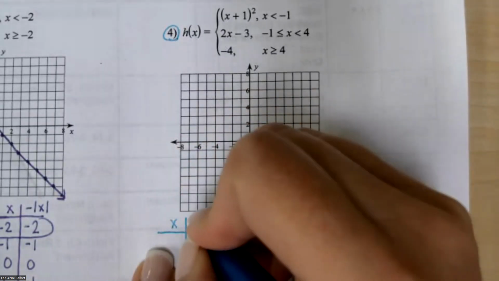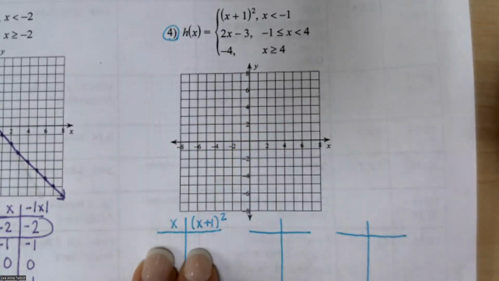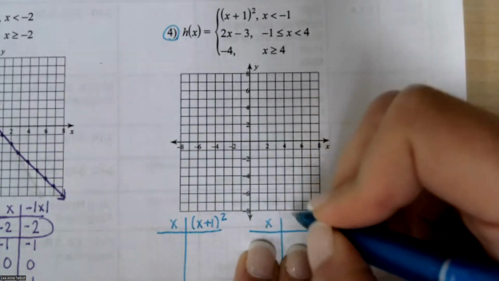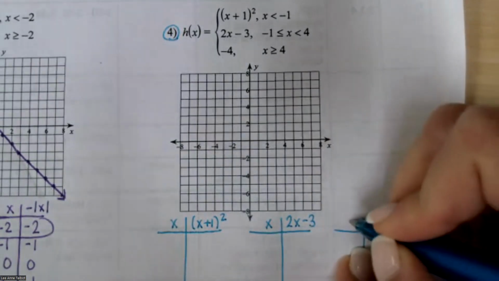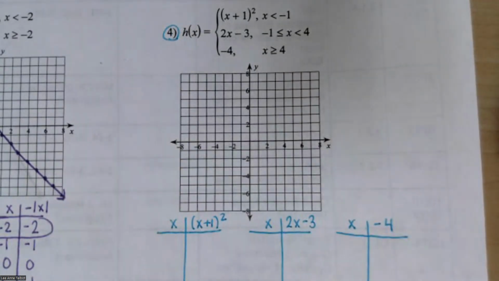Beautiful. X and x plus 1 squared. Second table, x and 2x minus 3. Third table, x and -4. Okay, how are you doing with the table setup and piecewise?